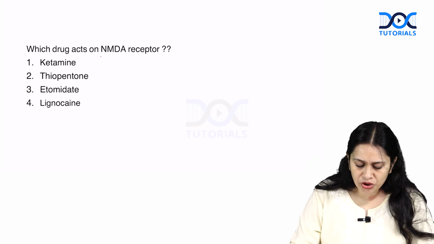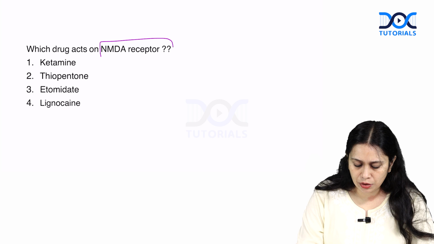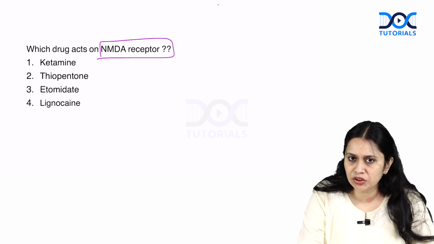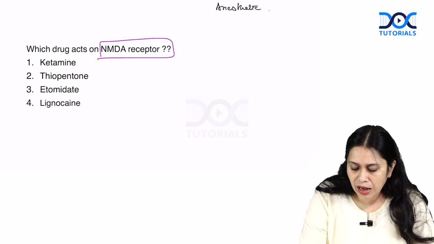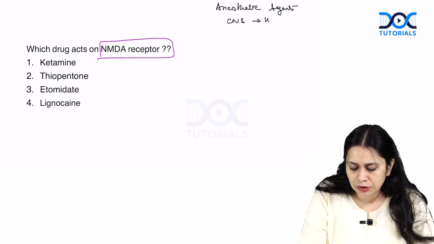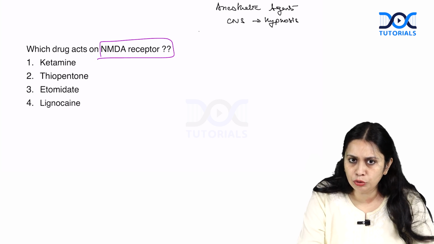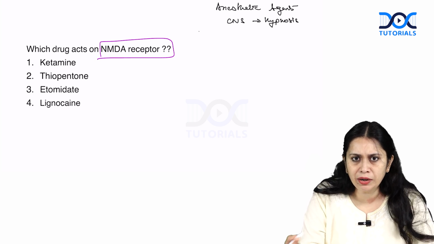Next question, which drug acts on the NMDA receptor? So guys, anesthetic agents acting on the CNS to produce hypnosis mostly act on two types of receptor, inhibitory or excitatory.